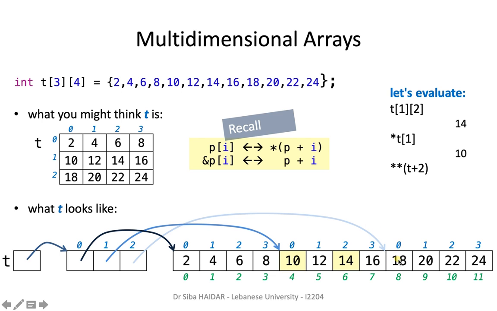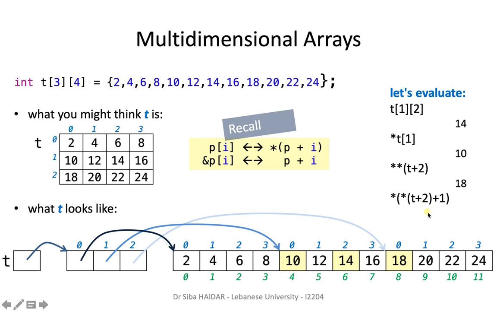Is this equal to t of 2 of 0? Yes, this is equal to t of 2 of 0. And lastly, let's try to evaluate dereference of t plus 2 plus 1.